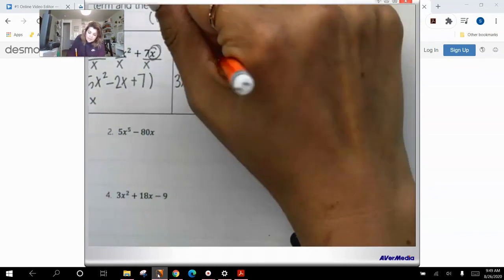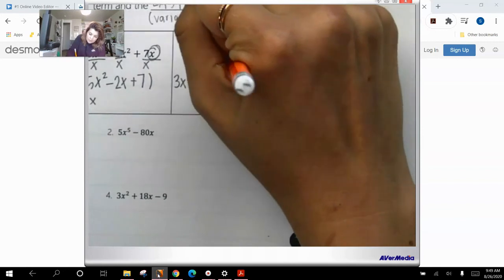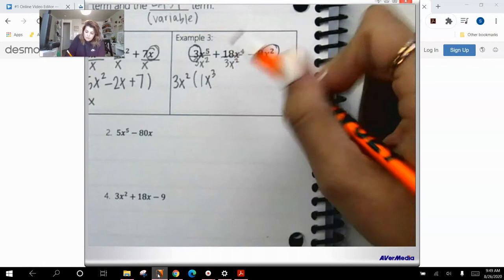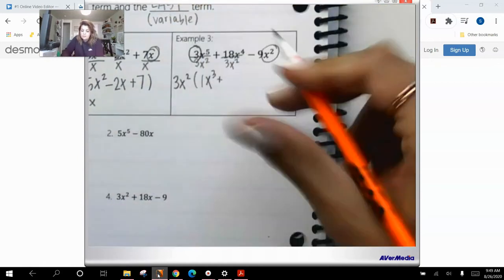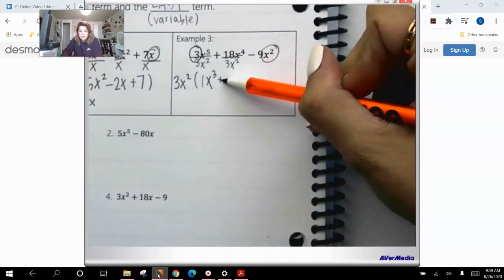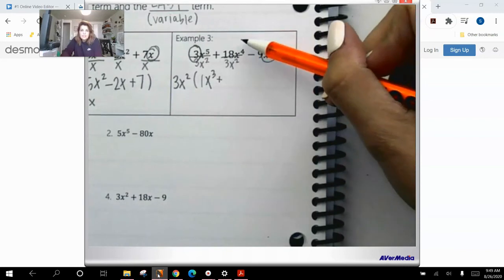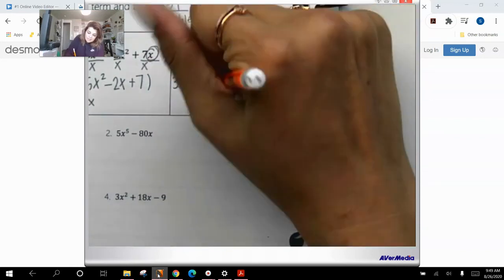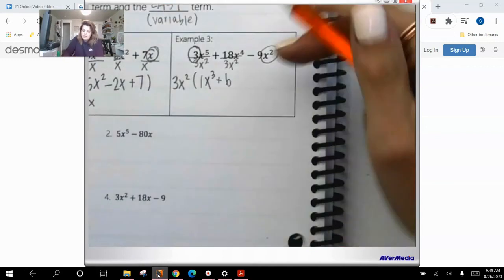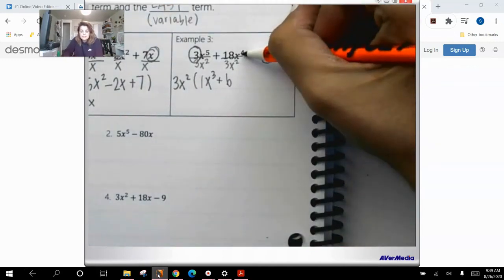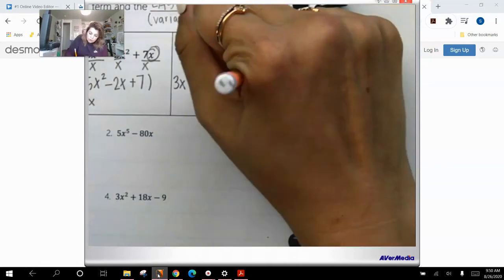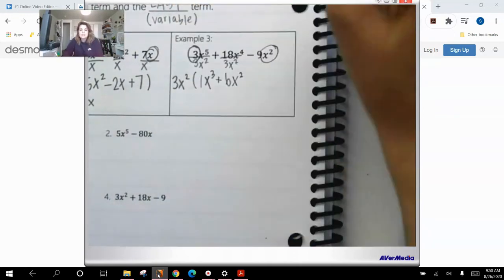I divide my next term by 3x squared. I should have a plus sign there. There's a plus here, so I do a plus there. 18 divided by 3 is 6. If I have 4 x's and I factor out 2 of those, what we're left with is 2 x's.